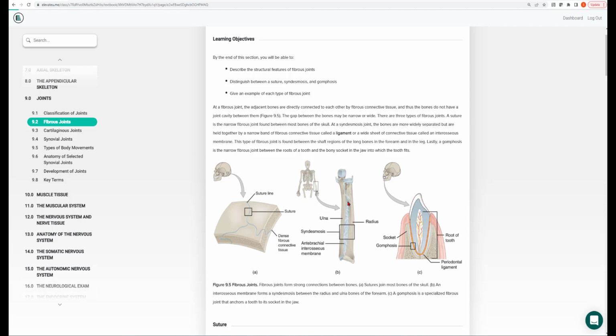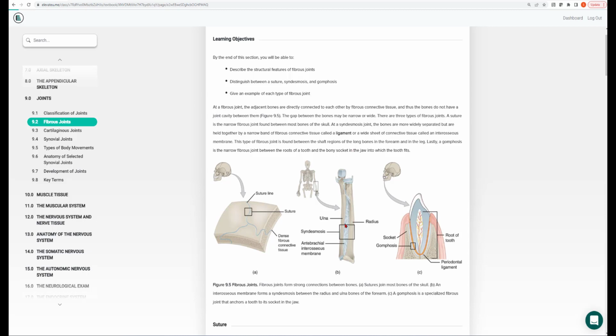They are not separated with space. Well, take that back. There is a membrane in between these bones, and this is meant to be a structural connection, not a moving connection, simply something that holds these two bones together.